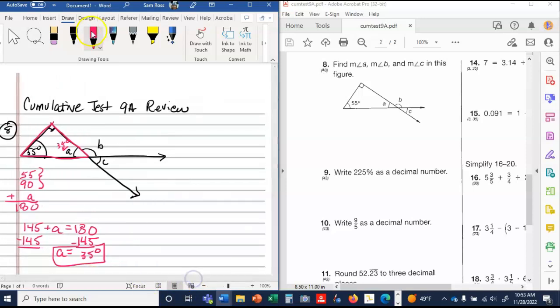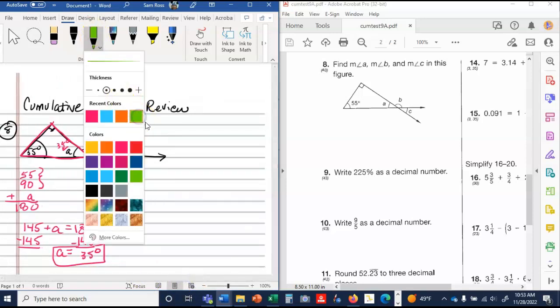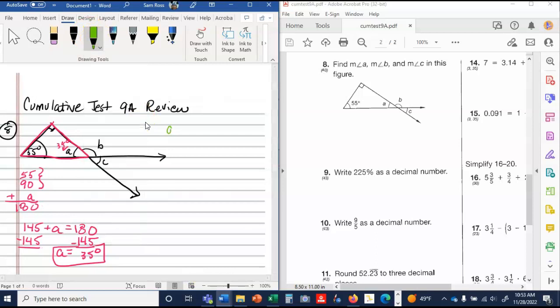Let me change colors here, and let's do B. So I know that A plus B, this straight angle right here, is equal to 180. Well, I know A. That's 35 plus B is equal to 180. And if I subtract 35, I'll get B. B is equal to 145. So far, so good. So this is 145.